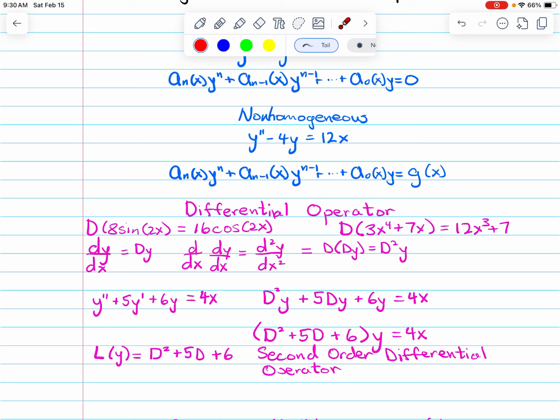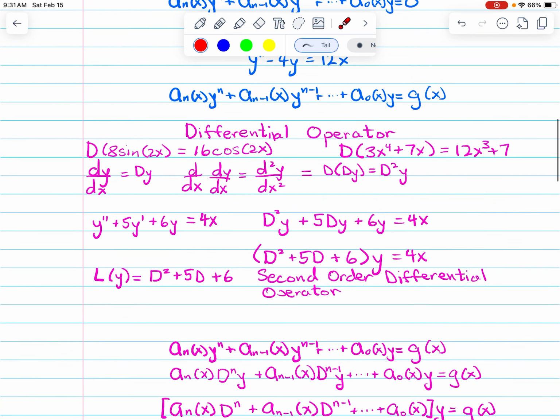We could call that whole thing a differential operator, and oftentimes we will do that. Notice there's no y in here. We factored out the y, and we just refer to this as L of y. So this part is a differential operator also, and we sometimes write that L of y. This is called a second order differential operator.